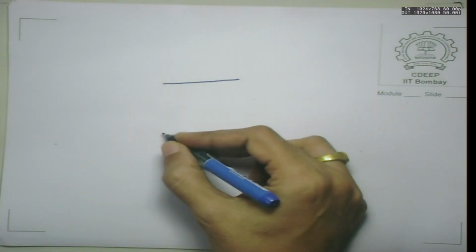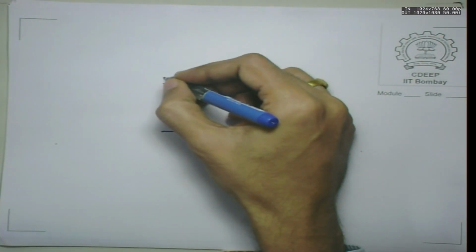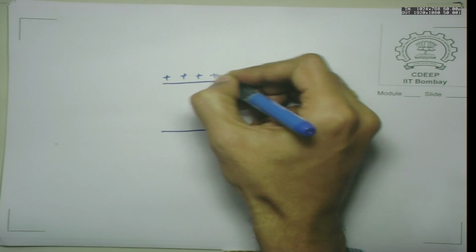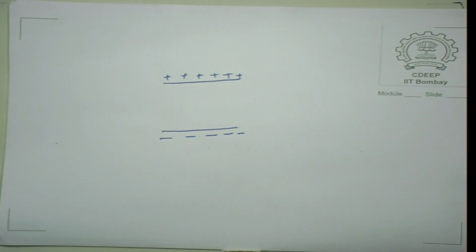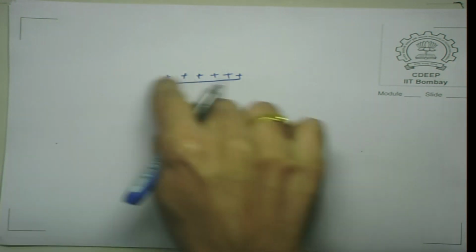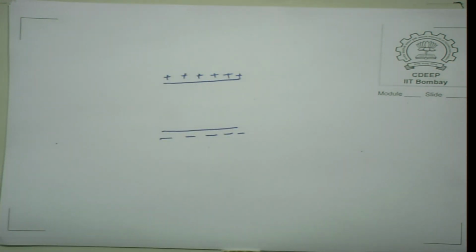Just to illustrate this, suppose I have a metallic plate which has charges. If somebody asks you to compute the electrical field when these charges are present in free space, you can apply Maxwell's equations and compute the electrical field at various points in free space.